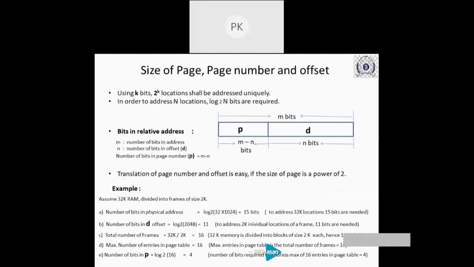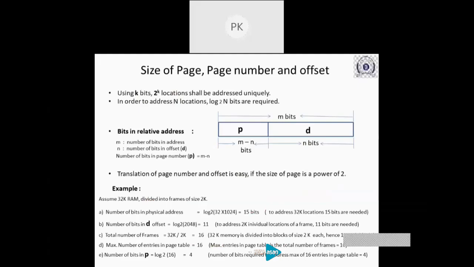So the value of the offset varies from 0 to the size of the frame. Usually the size of the page is taken as a power of 2 to exploit all the address space generated by these n bits, and it also helps with translation of the page number and offset.